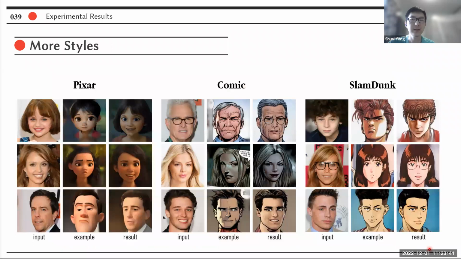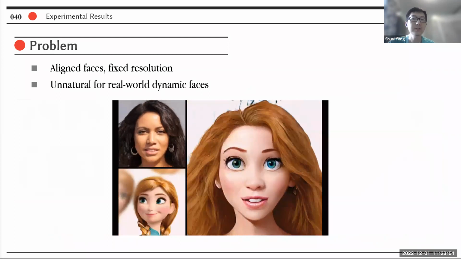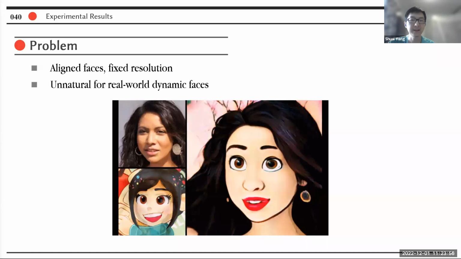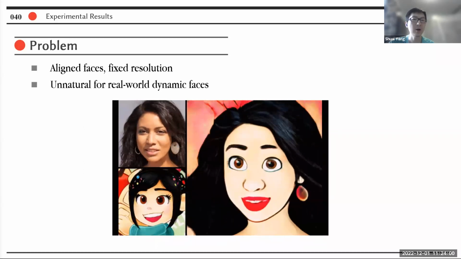In 3 distinctive styles of Pixar, Comic, and Slam Dunk, our method also achieves good performance. Although good results are achieved, dual StyleGAN requires the input face to be aligned and cropped. This is called the fixed crop limitation of StyleGAN.